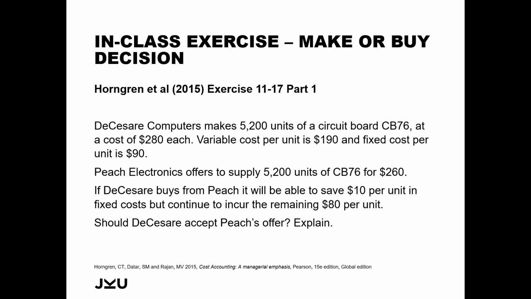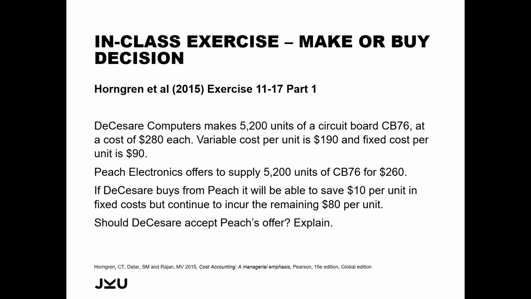Peach Electronics offers to supply 5,200 units of the same circuit board for $260. If Cesare buys from Peach, it will be able to save $10 per unit in fixed costs, continuing to incur the remaining $80 per unit. So the question is, should Cesare accept Peach's offer?